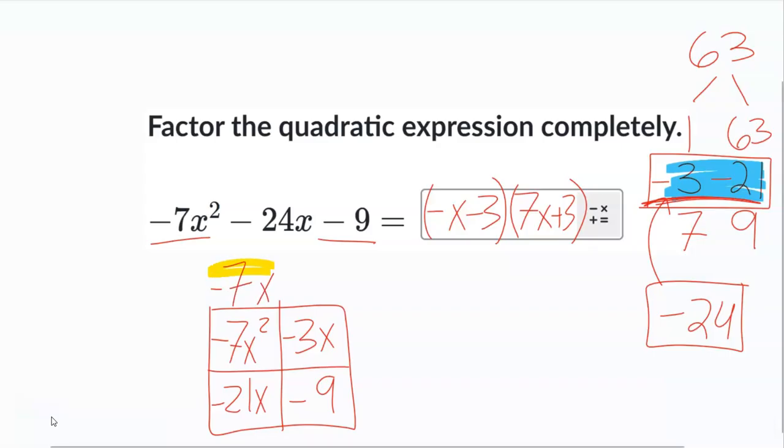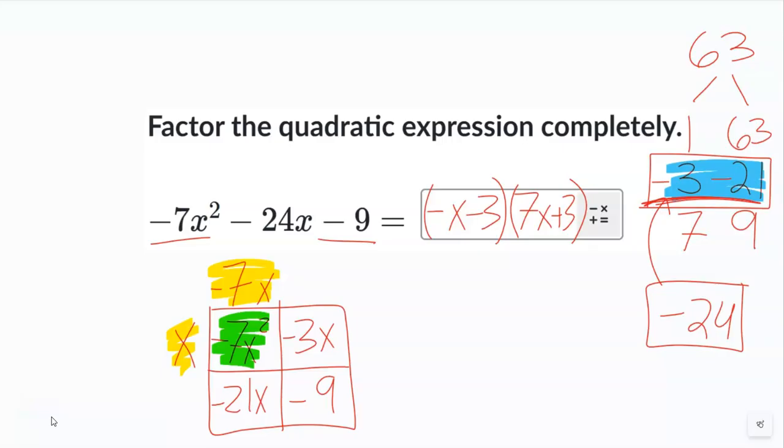Now, -7x is here. We're trying to get to -7x squared. So what is missing? Well, I have the -7. I have one x, but I need a second x. So the x will go out here by itself. So what's in yellow? X times -7x equals what is in green, -7x squared. You factored that out. You're going to work your way around.